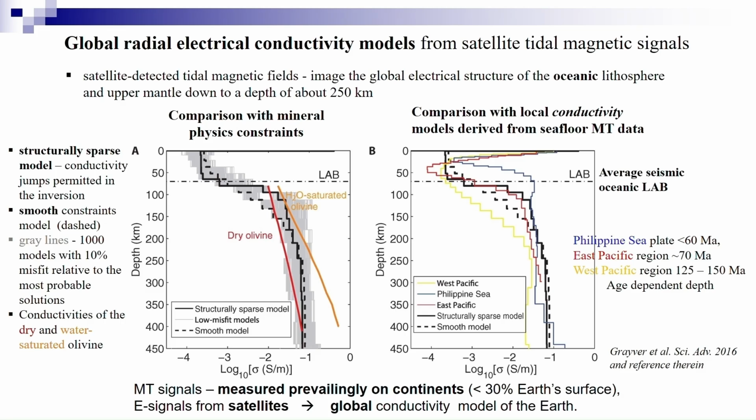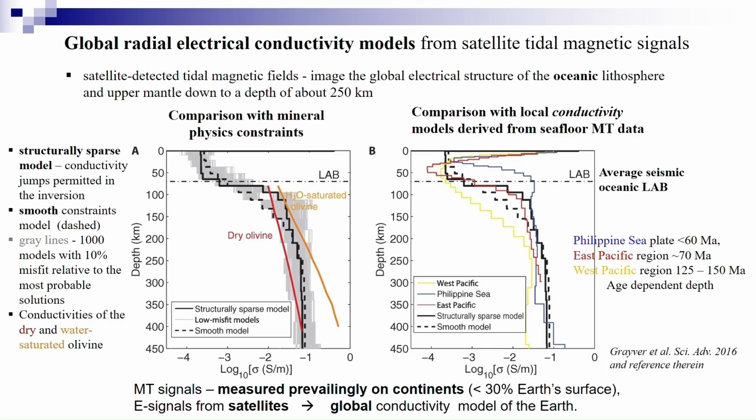Magnetotelluric signal is measured prevailingly on continents. However, satellites detect tidal magnetic signals from which electrical structure of the oceanic lithosphere and upper mantle can be imaged down to a depth of about 250 kilometers. Here we show models of electrical conductivity and their comparisons with mineral physics constraints.